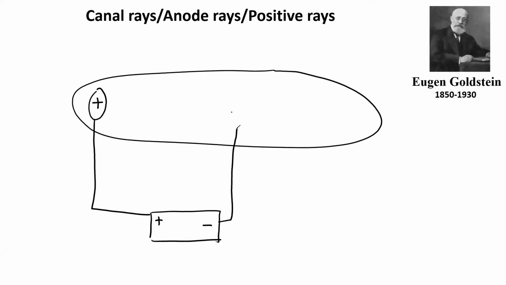So this is the anode, and here you have the cathode.